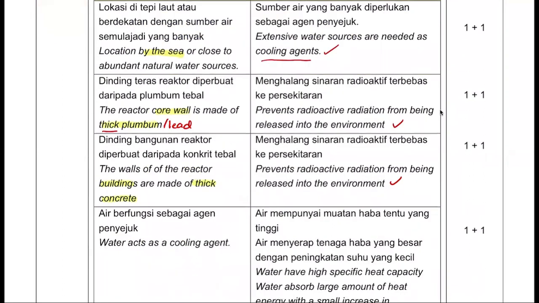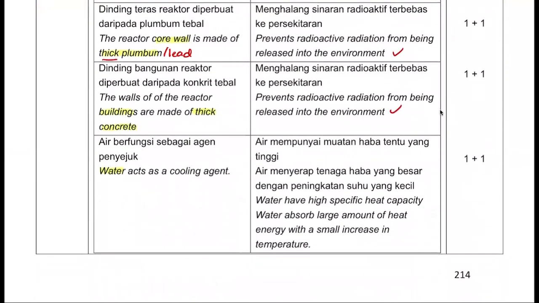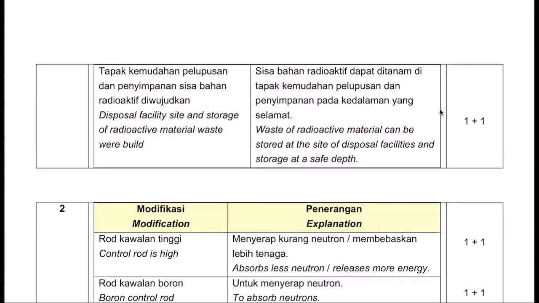And then the coolant. Of course, we will be using water, because water has a high specific heat capacity, and it can absorb a large amount of heat energy with a small increase in temperature. And the last one is the radioactive waste management.